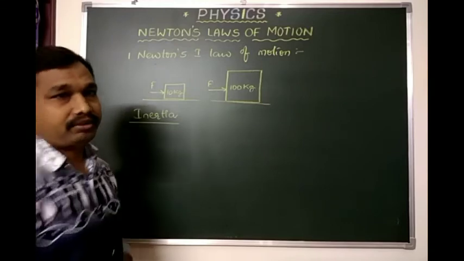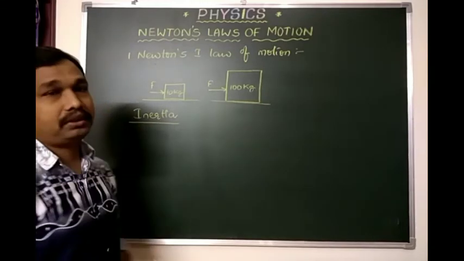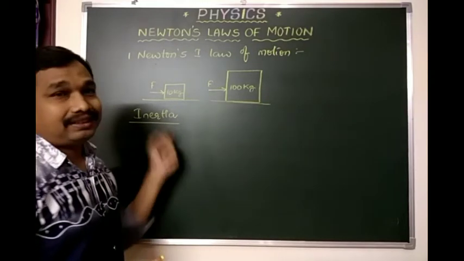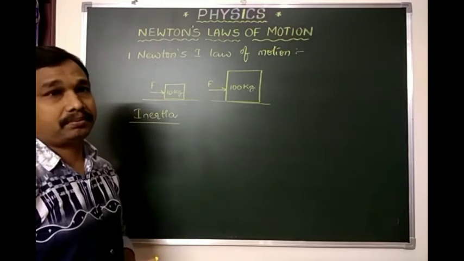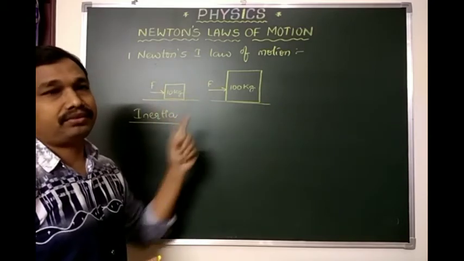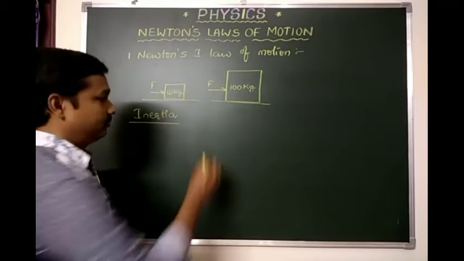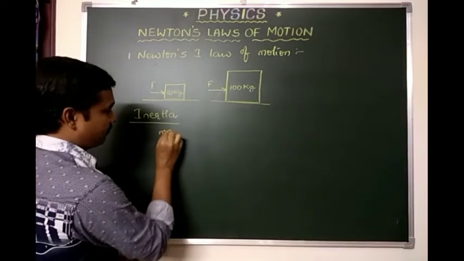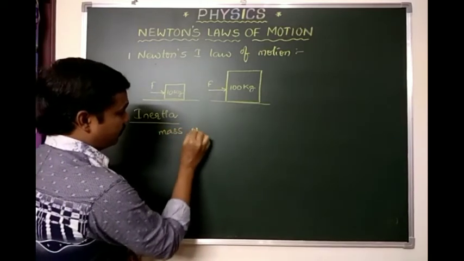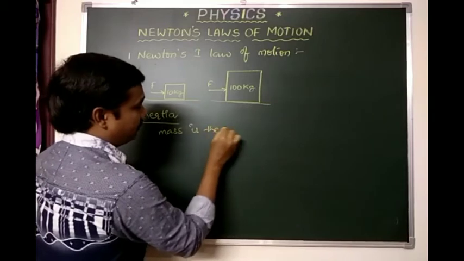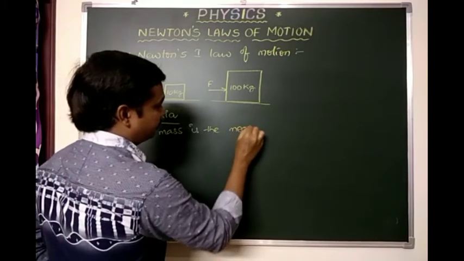This tendency of a body is called inertia. On what factor does this inertia depend? Mass is the measure of inertia.